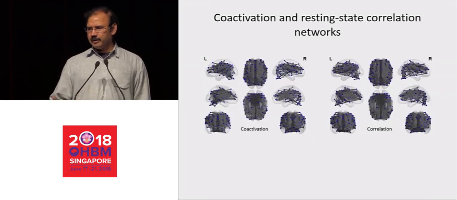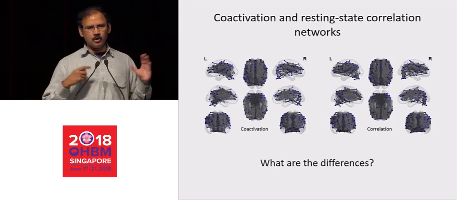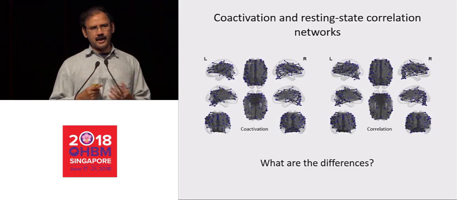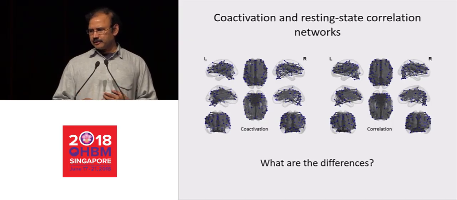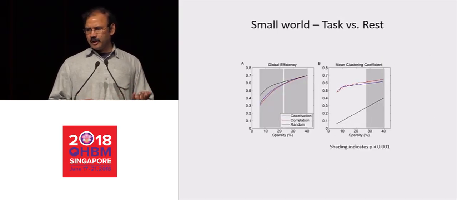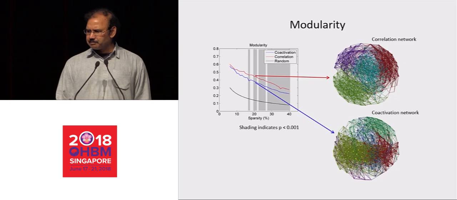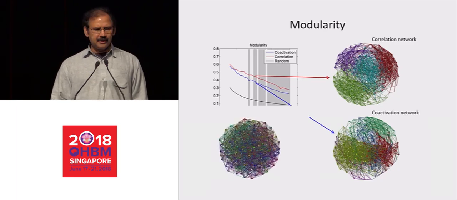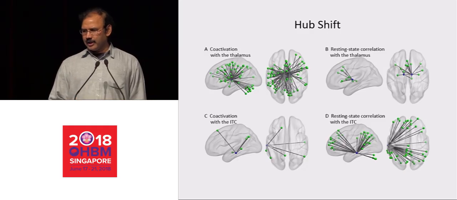So what we were interested in is, okay, fine, we see good overlap between the resting state and task activation network, or I should say coactivation network, but what is the difference? So we used graph theory, with global efficiency, mean clustering coefficient, as well as modularity, to show that there are differences between coactivation and correlation networks.